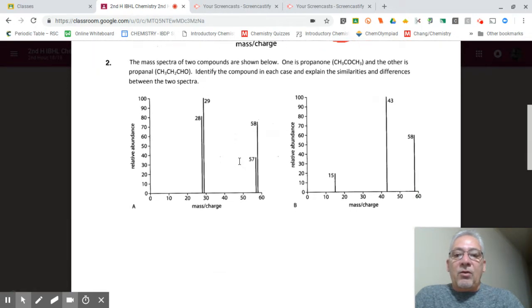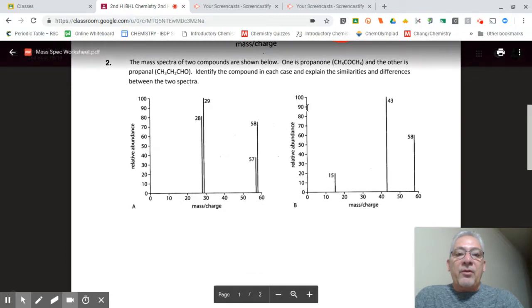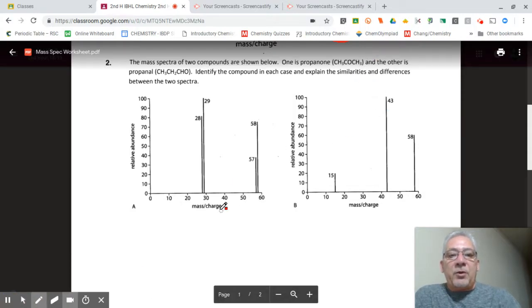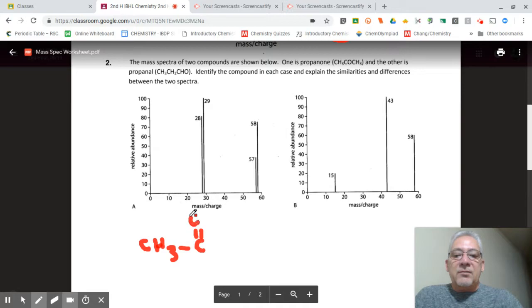So let's go over the formula of both of them first, and then we will identify which one is which. Let me grab the pencil again. The first one, the propanone, is this formula: a CH3, a carbon with a double bond to oxygen, and then the other methyl group here.